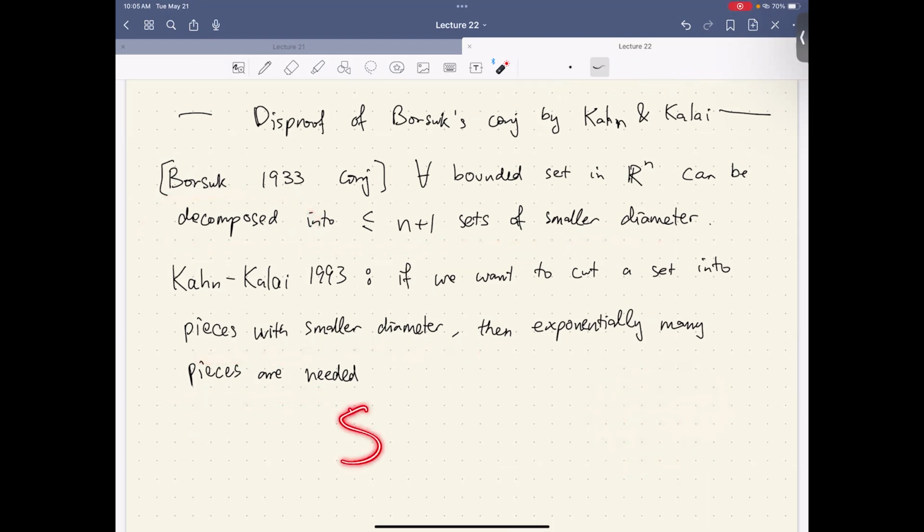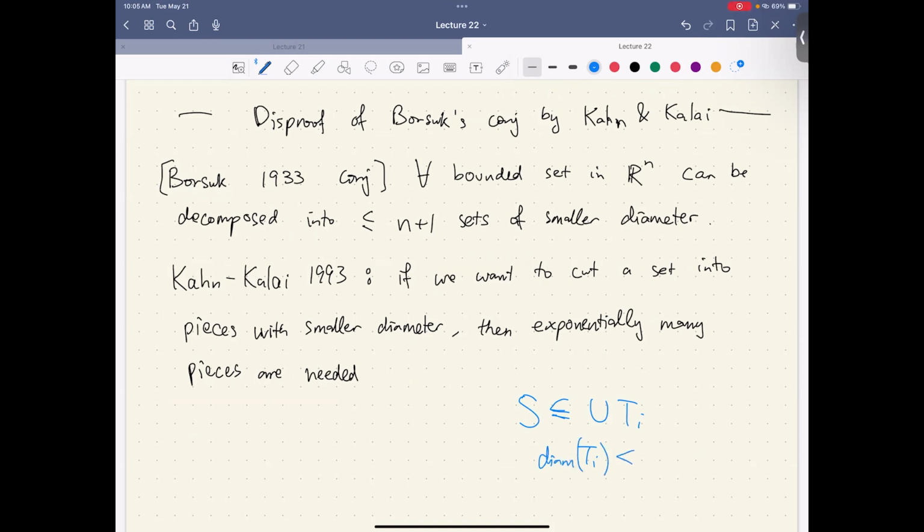So if you have a set S, you want it to be contained in the union of, let's say, Ti, where the diameter of Ti is strictly smaller than the diameter of S. And we want to use as few pieces Ti, smaller diameter sets, as possible.